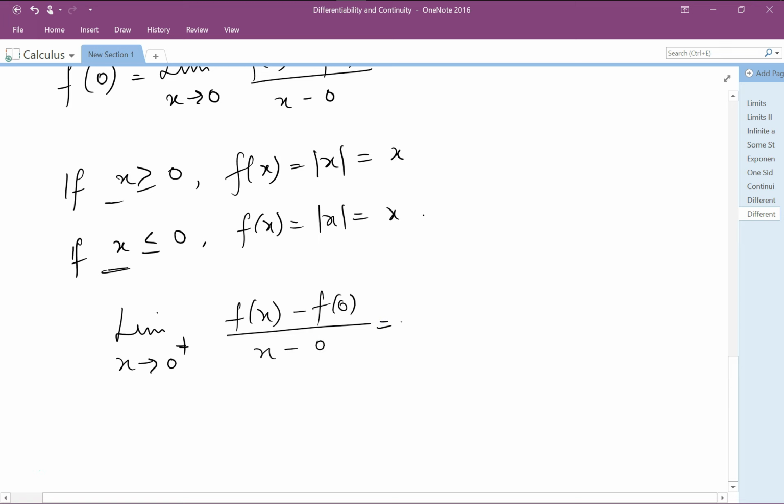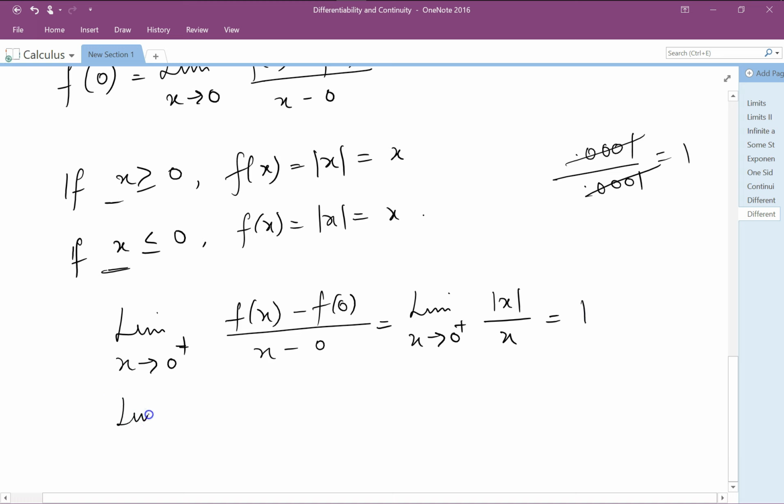This is equal to limit as x approaches 0 from the positive side of x by x. Now what happens? However close we get to 0 from the positive side, so let's say 0.0001, absolute value of this is what? Same. So there is no difference. So these two get cut off. We are left with 1. So it is 1.